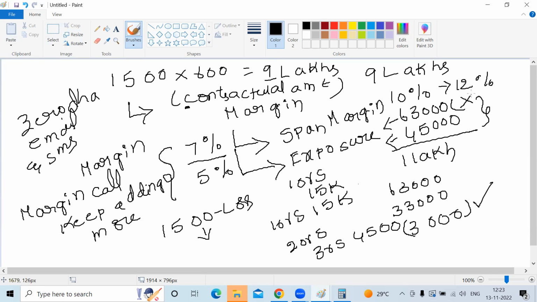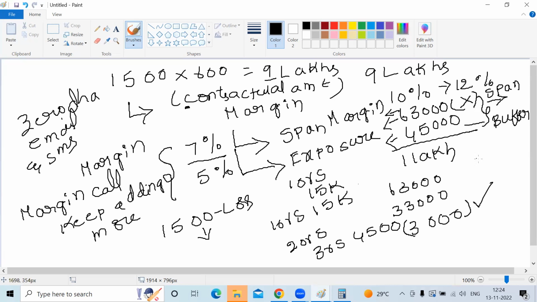Once your span margin is over, this is a kind of buffer, still you have this amount. Once your loss crosses this span margin, these guys will send you SMS and email saying that add money. If you add money, then no problem because you have span margin to cover the losses.